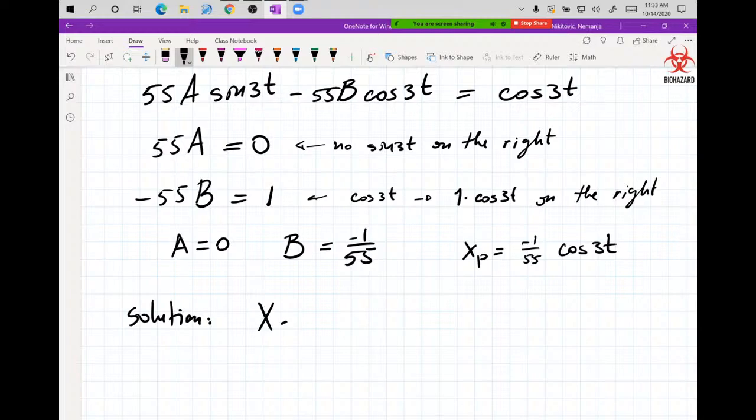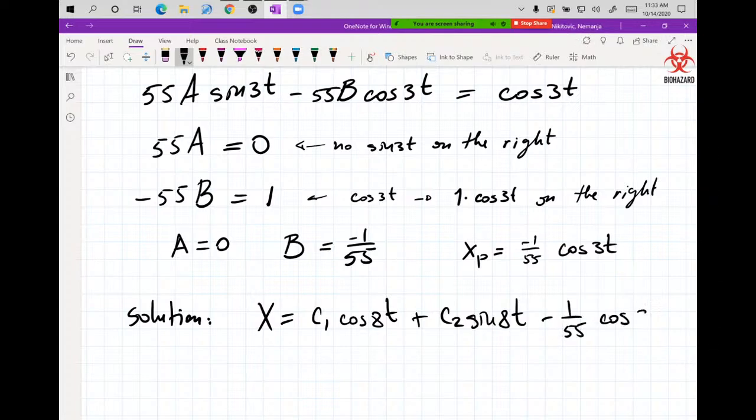Solution x is equal to xc, in this case, c1 cosine 8t plus c2 sine 8t, plus xp, which is minus 1 over 55 cosine 3t. That's the answer.